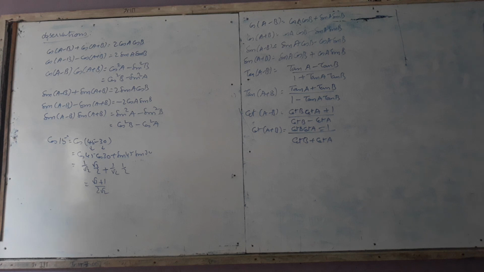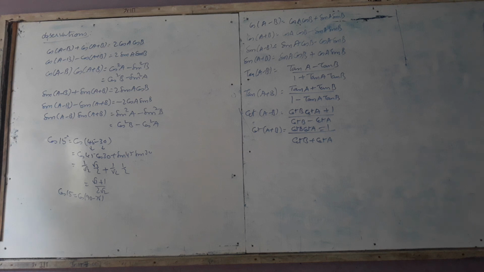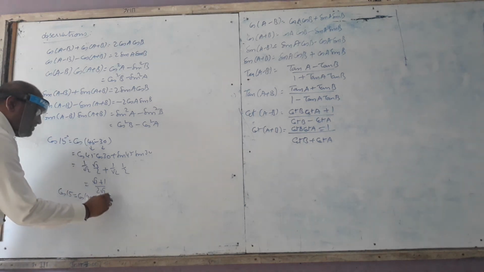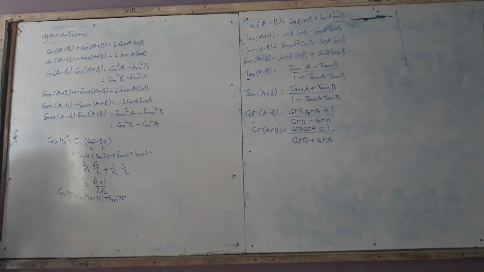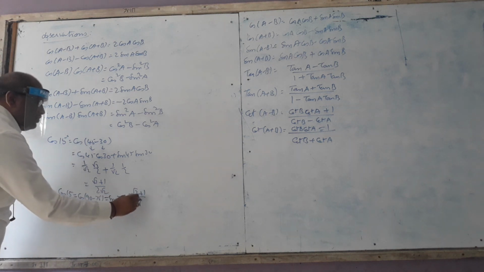So that is one application. And cos 15, I'll write as cos 90 minus 75. Cos 90 minus theta form. Cos 90 minus theta is? So cos 15 is the same as sin 75, and its value is root 3 plus 1 by 2 root 2.